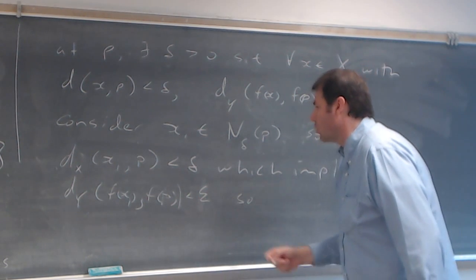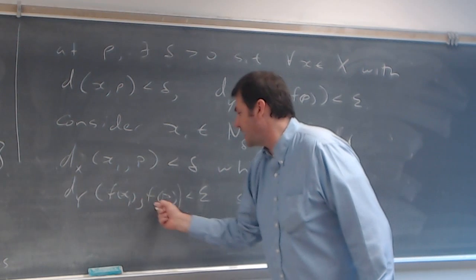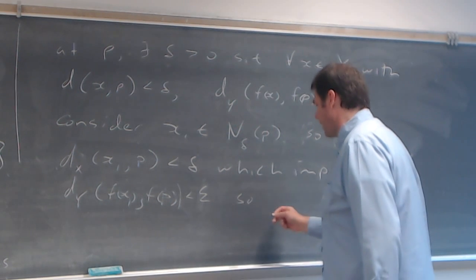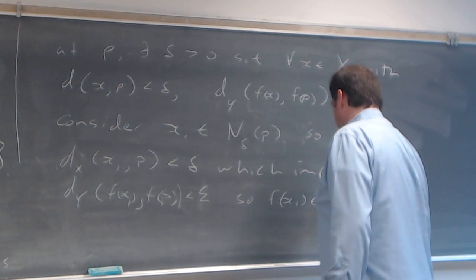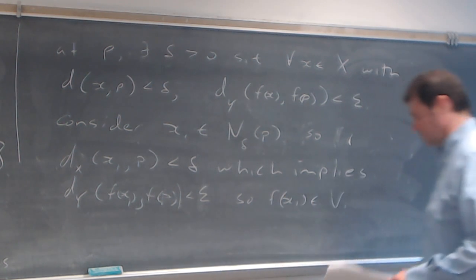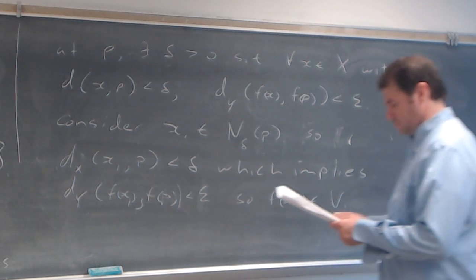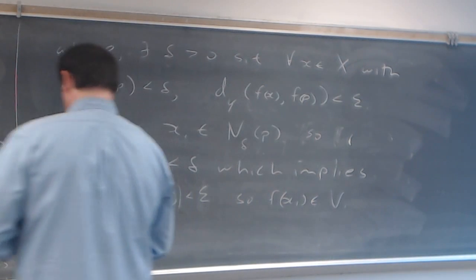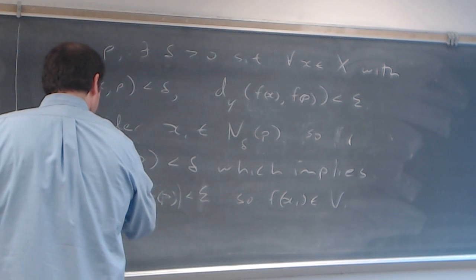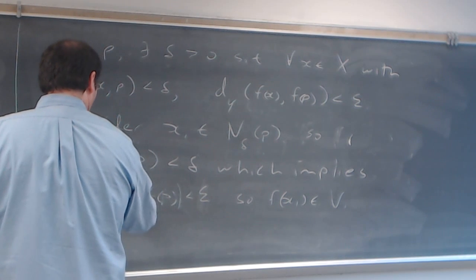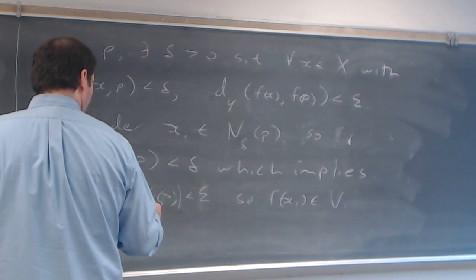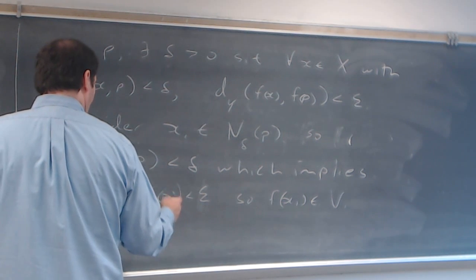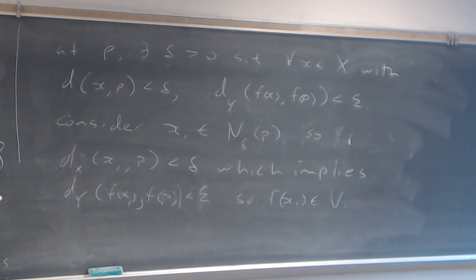Okay? And so if the distance here is less than epsilon, that means that f of x sub 1 is an element of V. That's what we have. Because this point, f of x sub 1, is going to be in the neighborhood of radius epsilon about f of p.